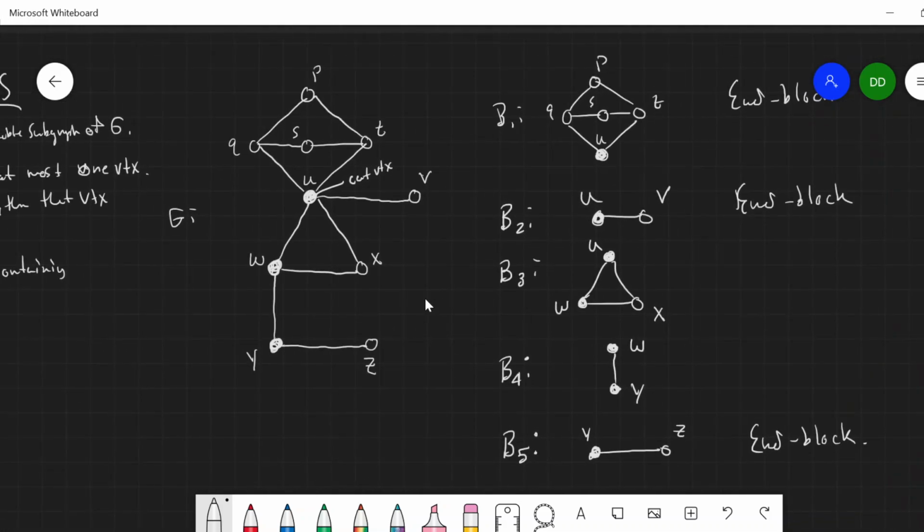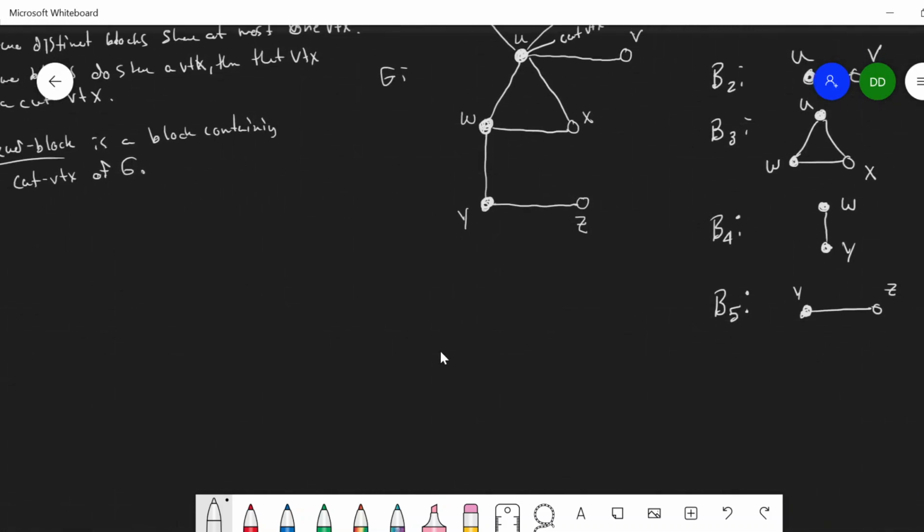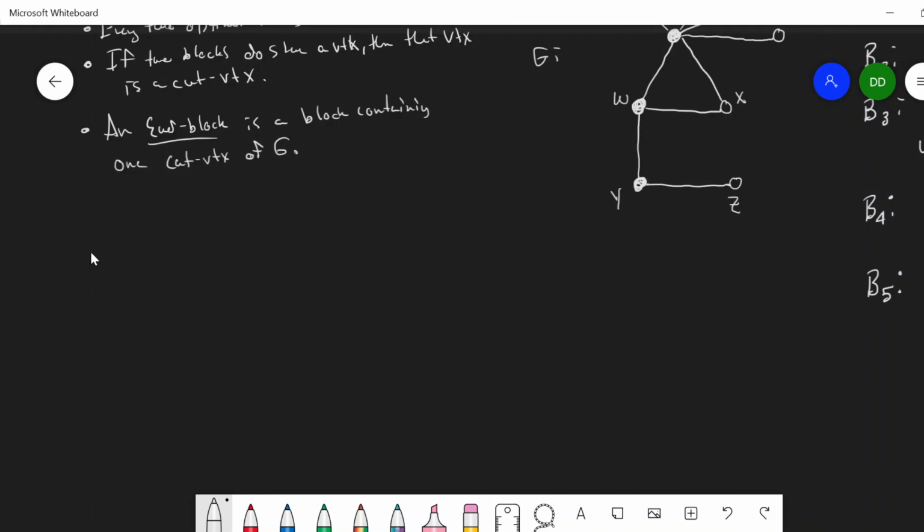I'll mention one more thing about blocks. So suppose B and B prime are blocks that share a vertex V, let's say.